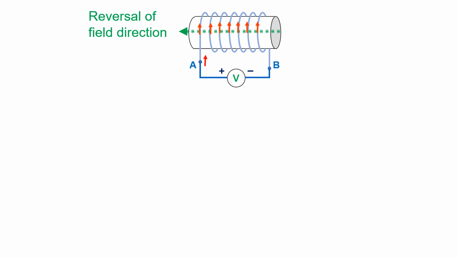In this slide, we will know how to reverse the direction of the field lines. In this first figure, you are seeing a coil wound around the core.